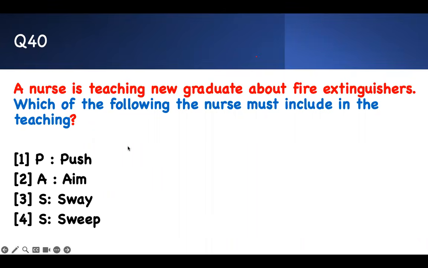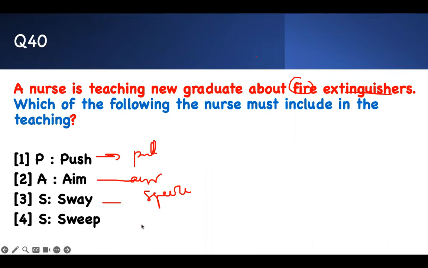Which of the following must the nurse include in the teaching? A nurse is teaching a new graduate about fire extinguishers. What do you do? Steps: you don't push, right? You pull. When you pull, then you aim. When you aim, you squeeze.